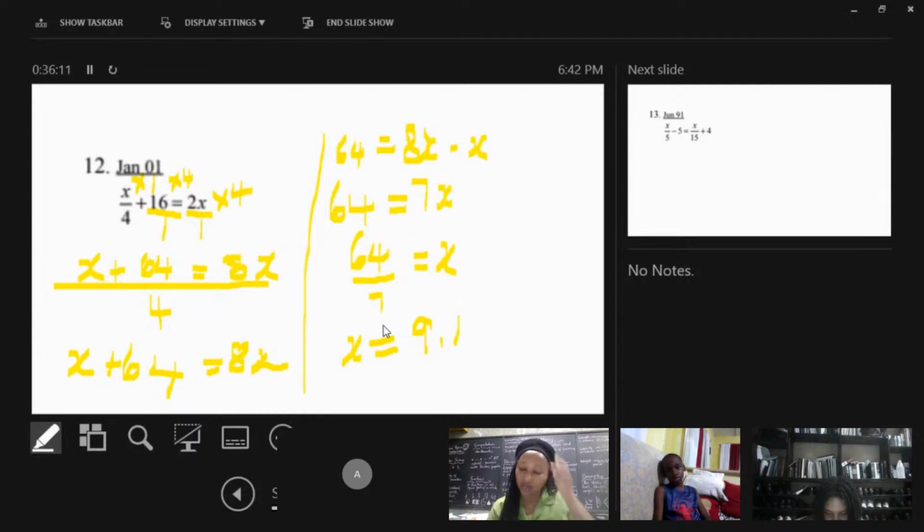The most common letters used would be x, y, n, but you're likely to see any letter of the alphabet or even some symbols like triangles, asterisks, and so on. We use the letters or variables to represent unknown quantities, and then when we solve the equation, we're finding the value of these unknown quantities.